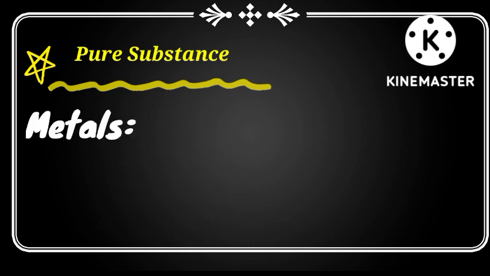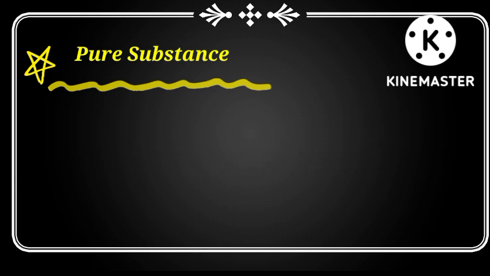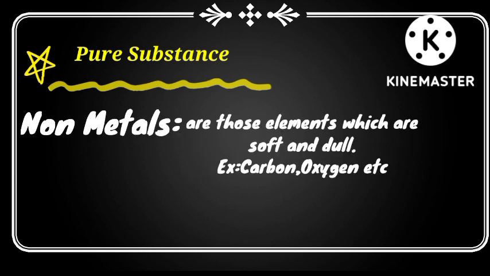Metals are substances that form naturally below the surface of the earth. For example, gold, copper, silver, etc. Non-metals are those elements which are soft and dull. For example, carbon, oxygen.